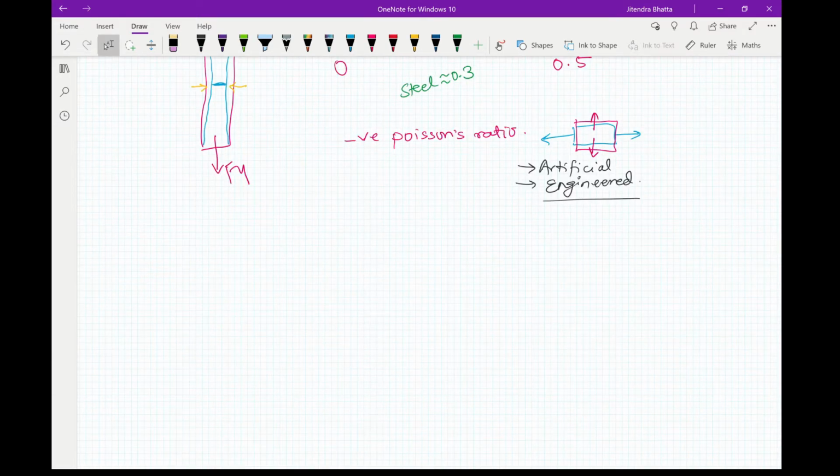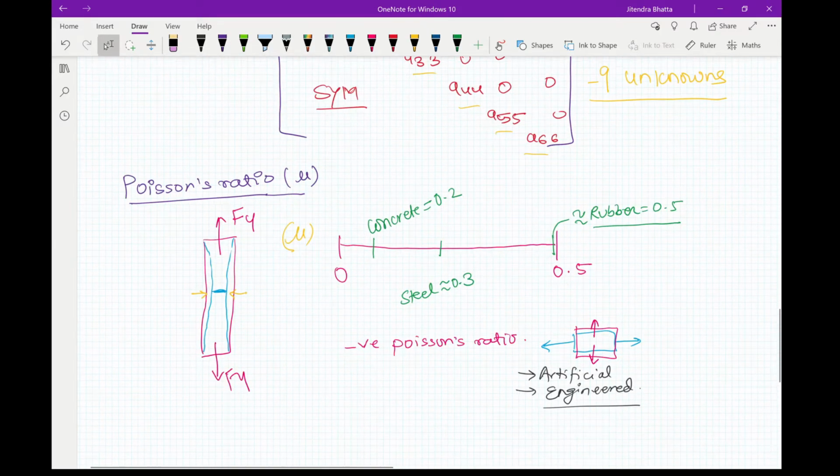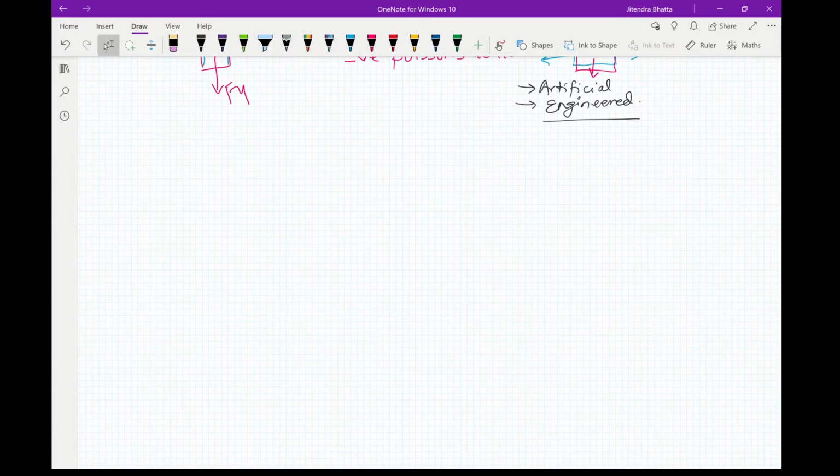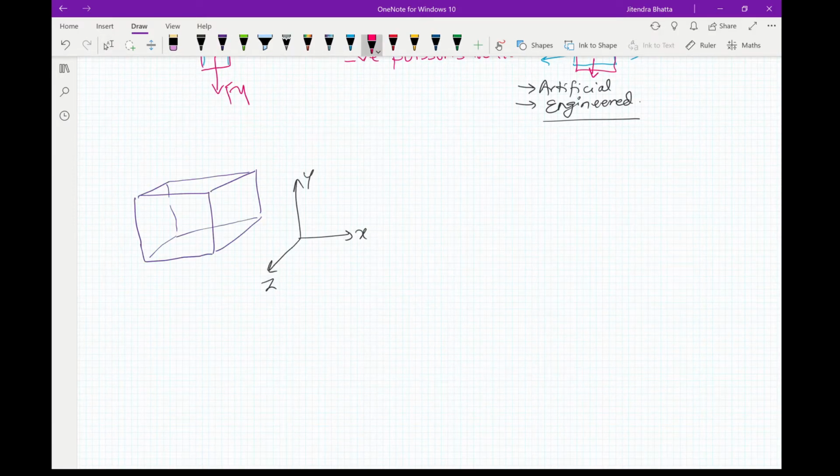If we are looking into strains, let's go back to our 3D element. Now, as you know, increasing length will cause strain in this direction, which will be epsilon x, here epsilon y. Now due to this strain here, it will cause some changes in this dimension and in this dimension, which will be given by Poisson's ratio.